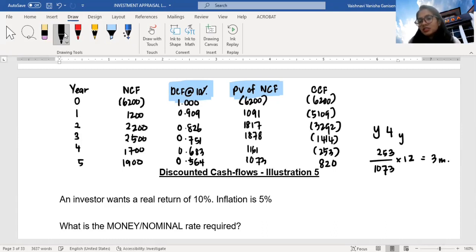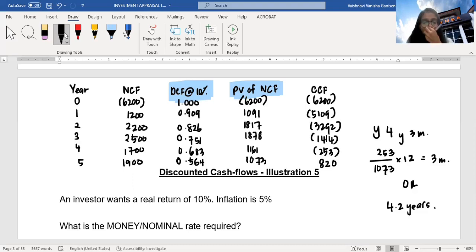So 4 years, 3 months, or 4.2 years. So just be careful when you do the years and the months. Just be careful that you know exactly what you are doing, because if not, then you may get confused on what actually the value is.